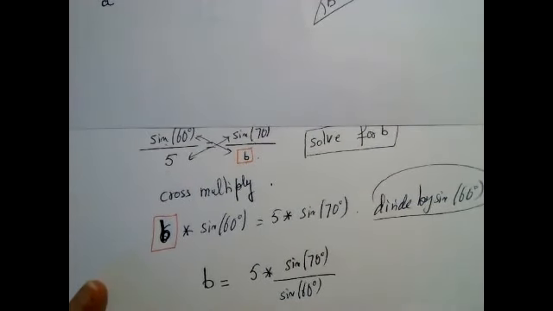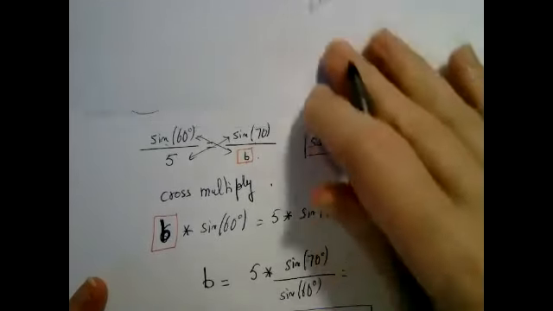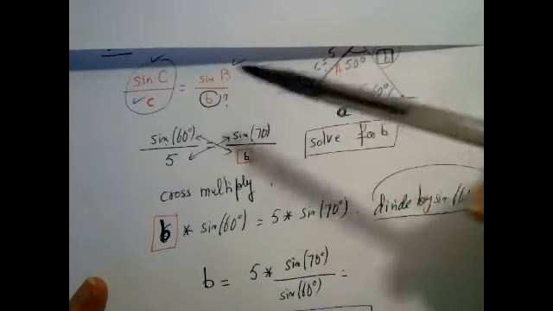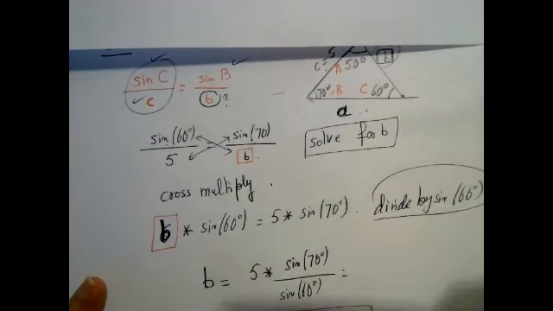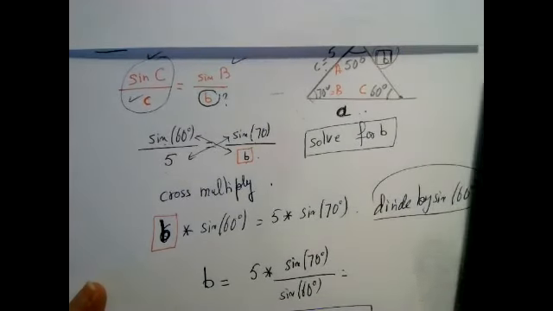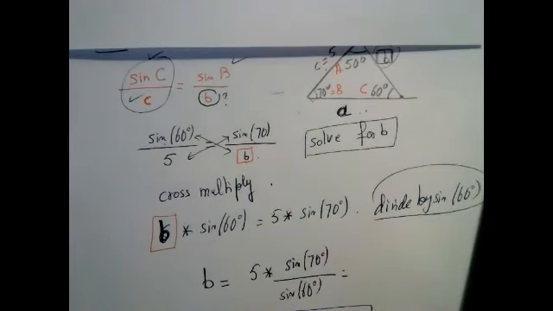And now the rest is actually simple. Now I find my b. So we set up, we cross multiply because that's really easy, and then we figure out b. And now the rest is really a calculator. So it's 5 times the sine of 70, and this is where I need my calculator.